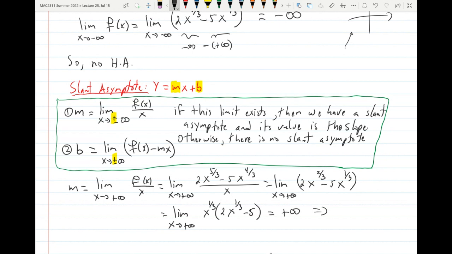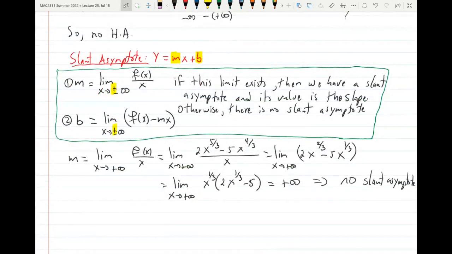So that means no slant asymptote, at least in this direction. But now notice that if you do negative infinity, the same thing that happened above is going to happen. If you look at the limit as x approaches negative infinity, what are we going to get?